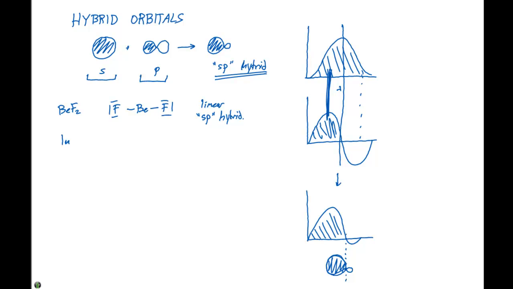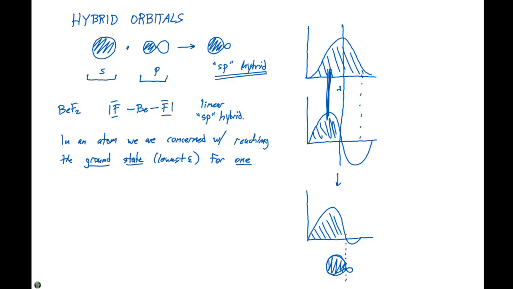So in an atom, we are concerned with reaching the ground state, or the lowest energy for one atom.